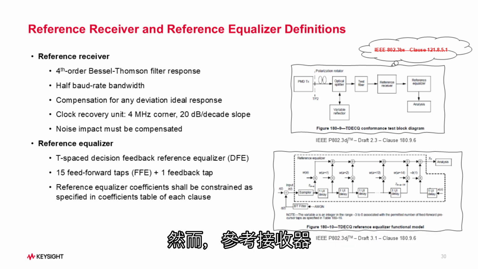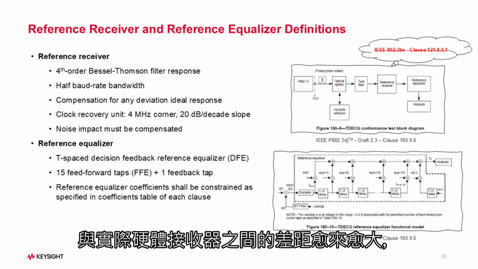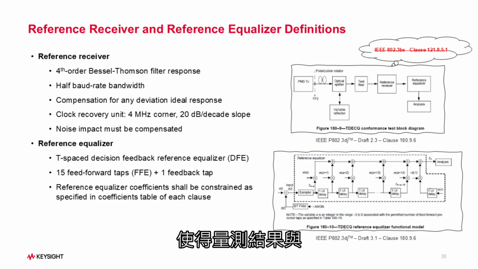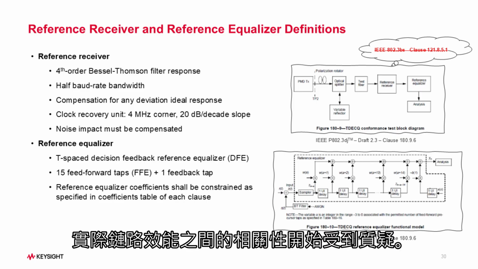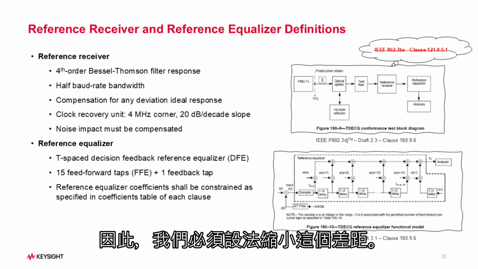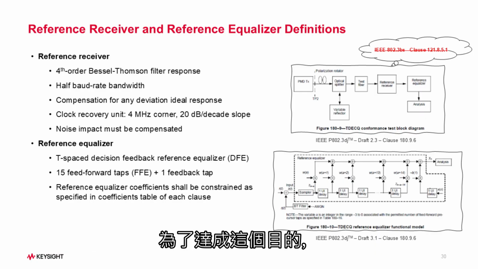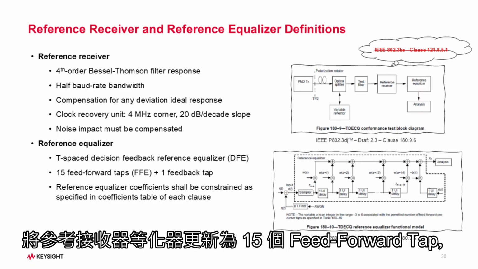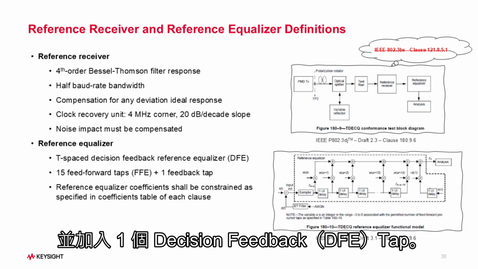Having that being said, the gap between the reference receiver and the real hardware receiver became so significant, it started to call the measurement correlation to link performance into question. And so we needed to try and bridge that gap. In order to do that, IEEE 802.3 DJ updated the reference receiver equalizer to have 15 feed-forward taps and a single decision feedback, or DFE, tap.